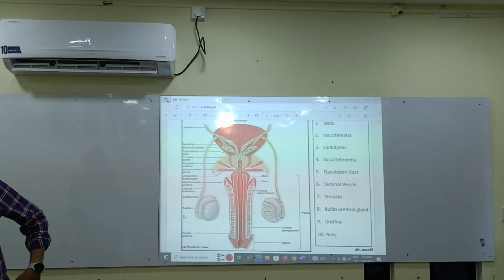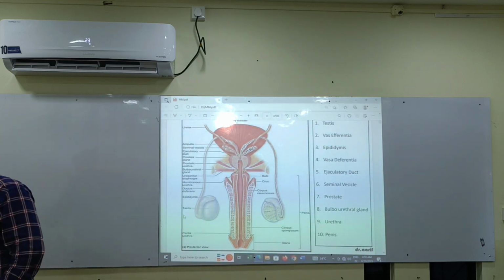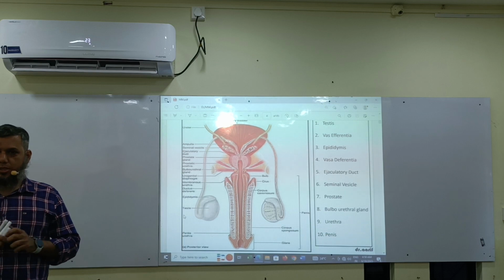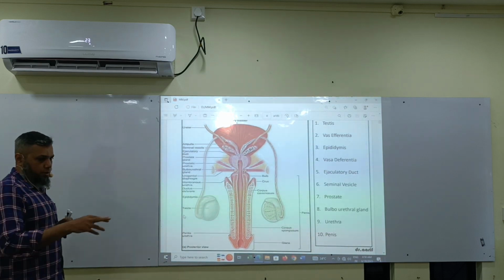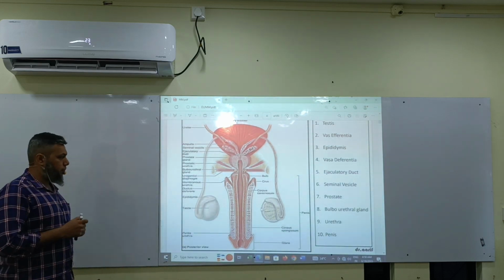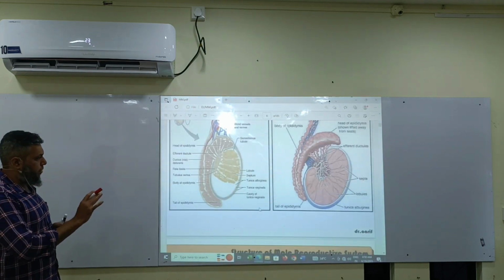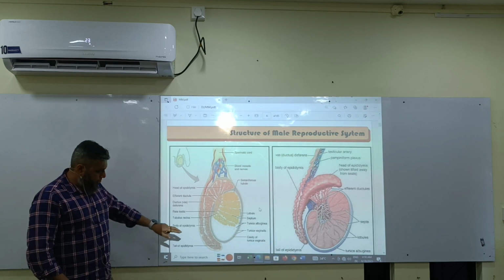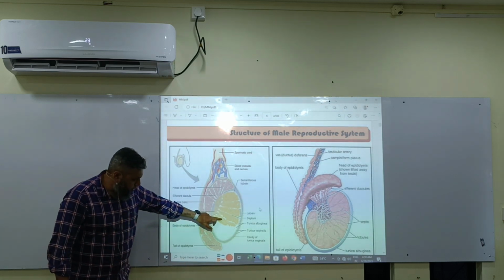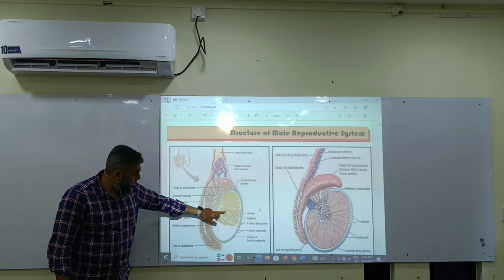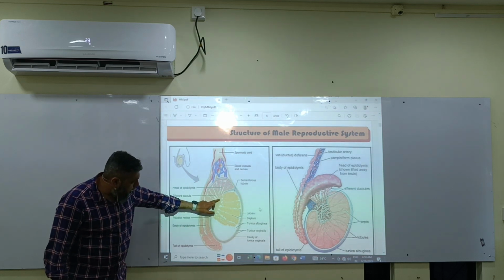So today we will continue with the ducts now. You saw the seminiferous tubules, the septums, the rete testis, and the vasa efferentia.